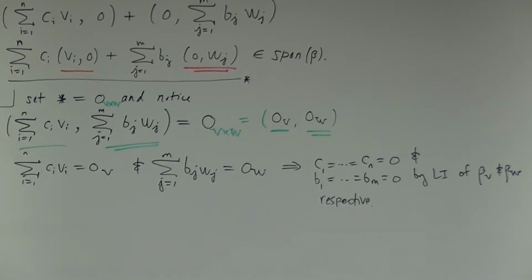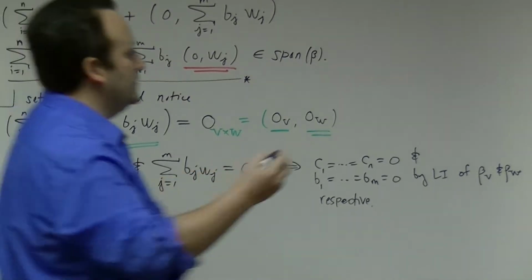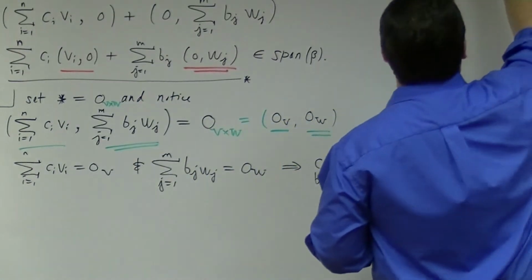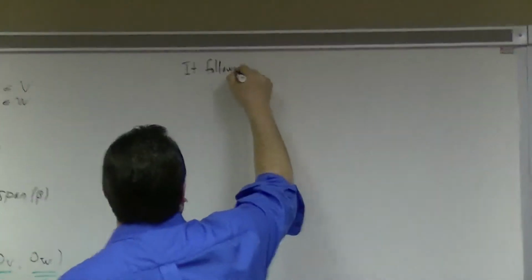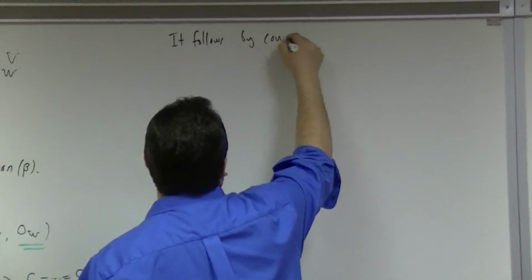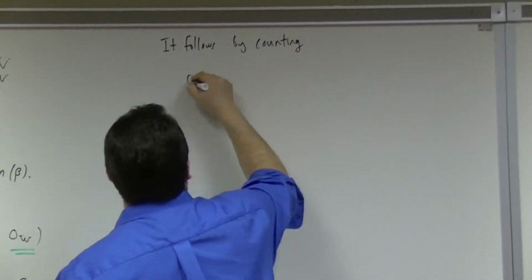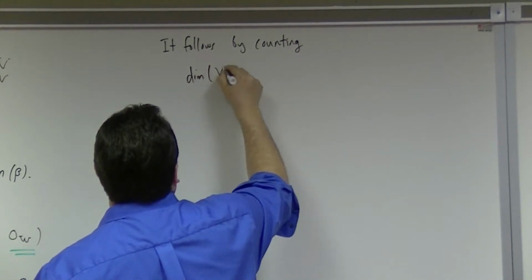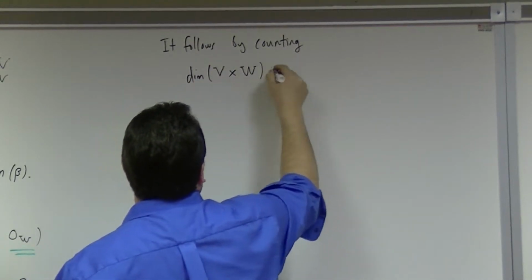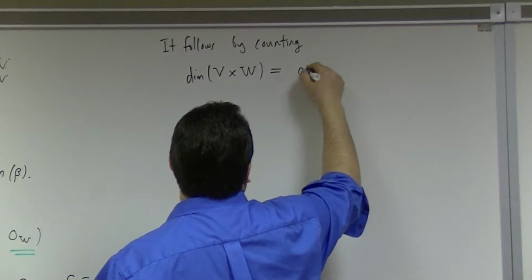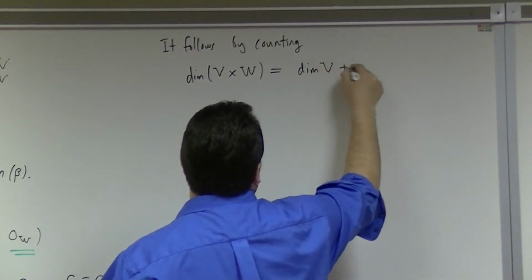Would it be the dimension of V plus the dimension of W? I think so. It follows by counting that the dimension of V cross W is equal to the dimension of V plus the dimension of W.